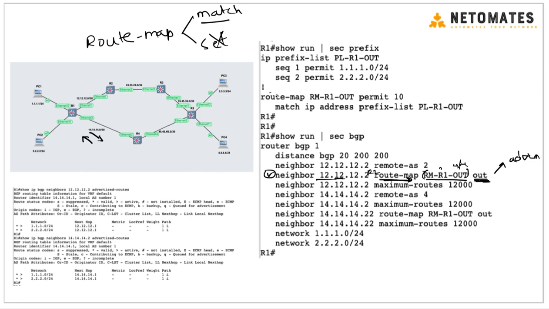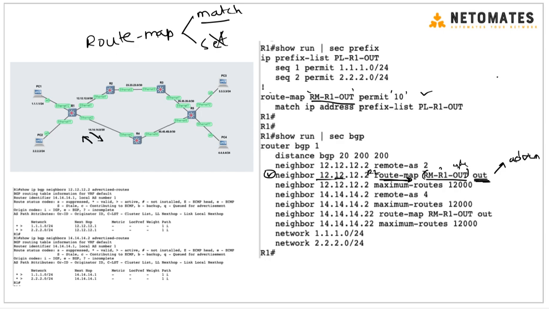You go into configuration mode and type route map, then give a name, and then you can have permit or deny statements. If you give permit, it means you want to advertise this route. If you give deny, you don't want to process or advertise that route. And there is a sequence number, so you can have multiple statements.